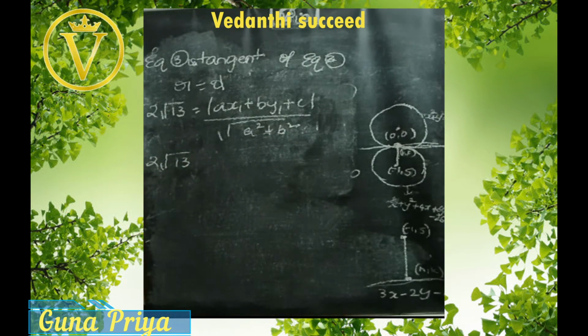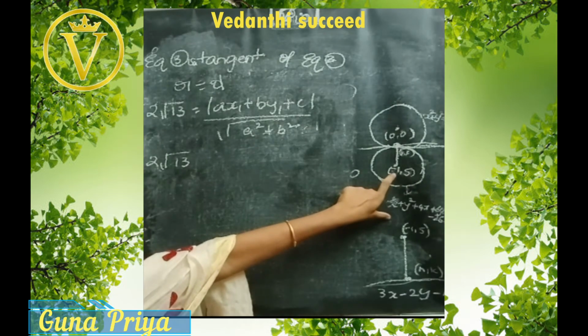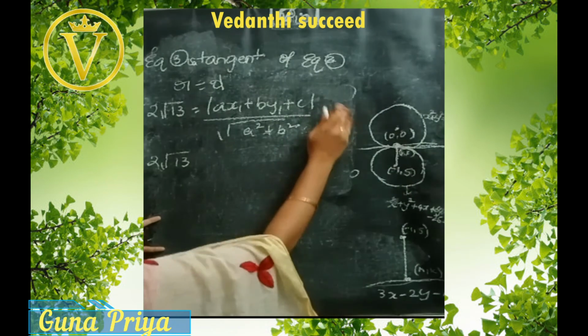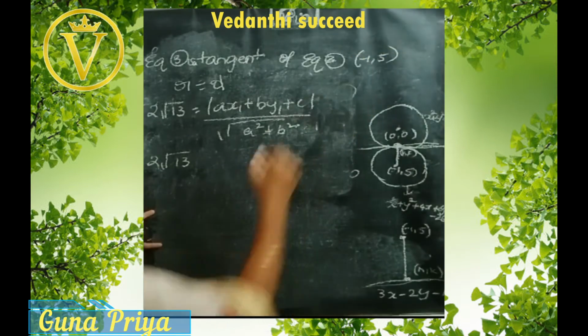So 2 root 13. This is (x1, y1). That point is (-1, 5).